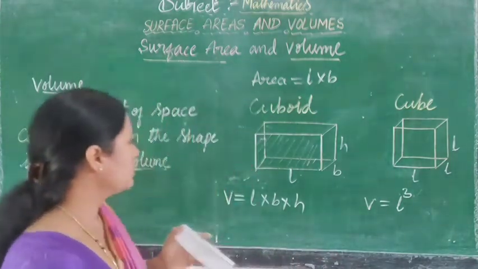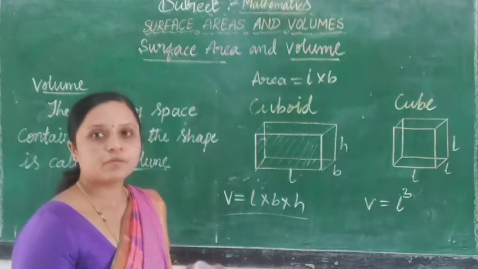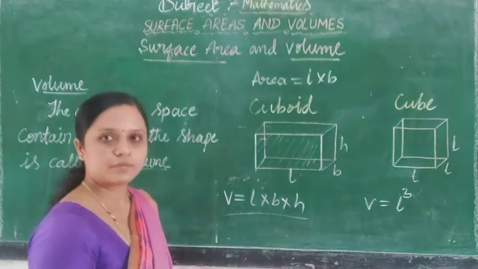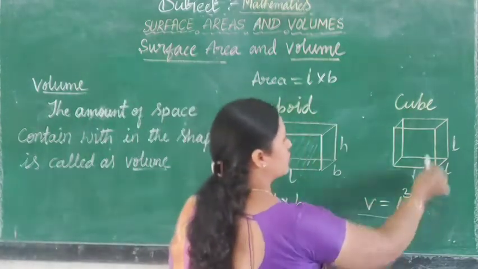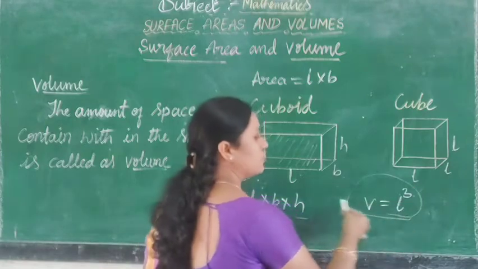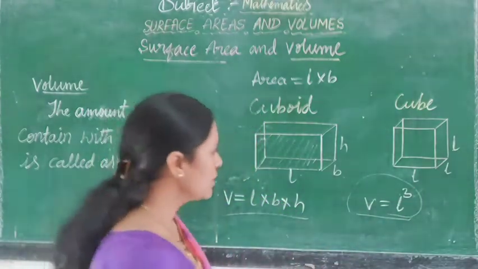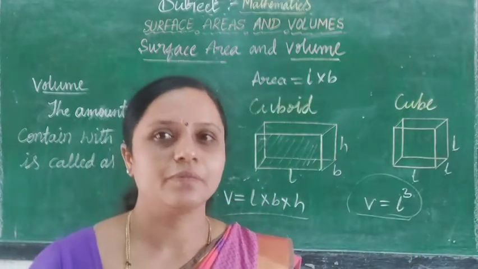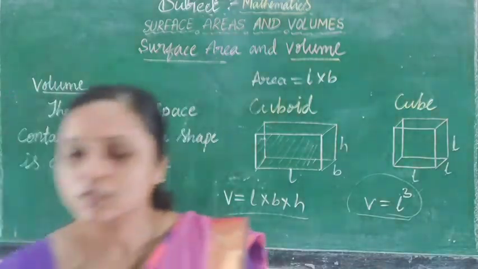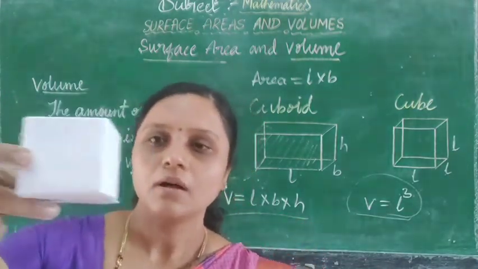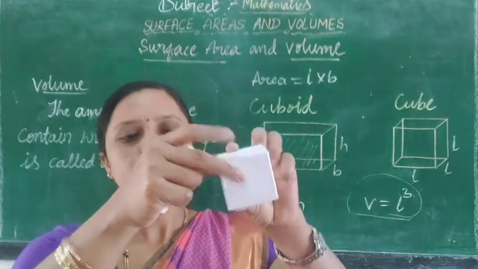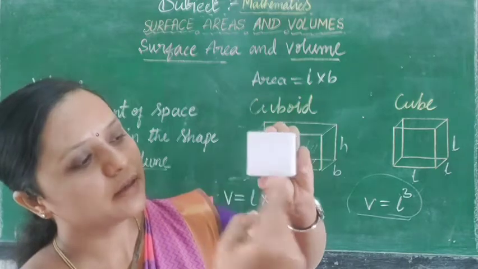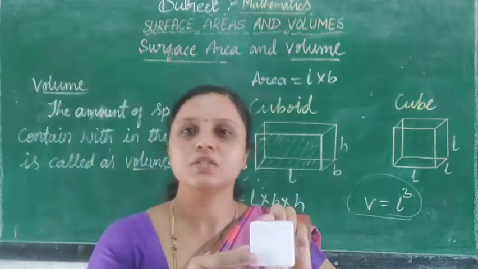Now look at this one. The volume of a cuboid is length into breadth into height. The special case of a cuboid is the cube. The volume of a cube is L cube, because here the length, breadth and height, all three dimensions, are equal.